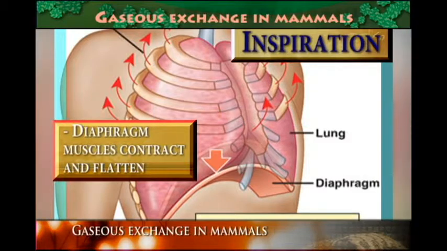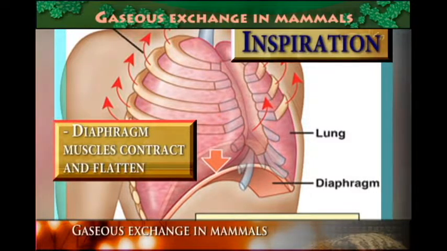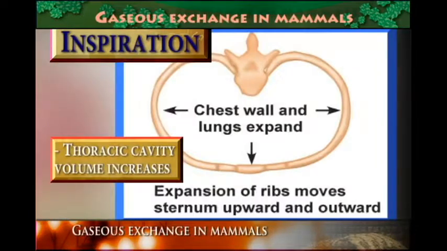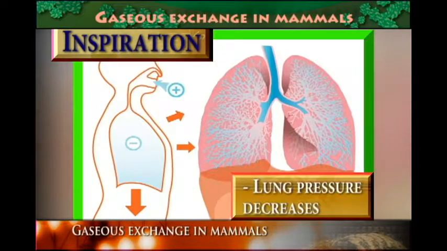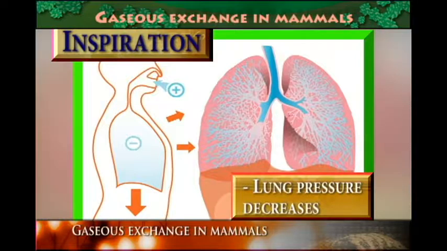In the process of doing so, the thoracic cavity volume increases. And when the thoracic cavity volume increases, the pressure in the lungs decreases below that of the atmospheric pressure.